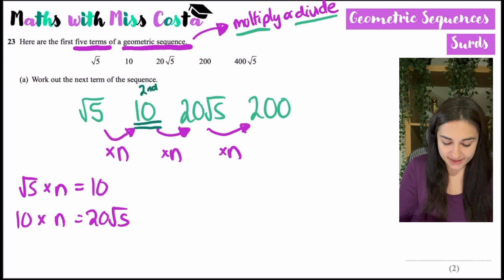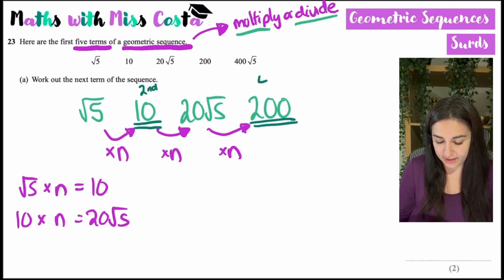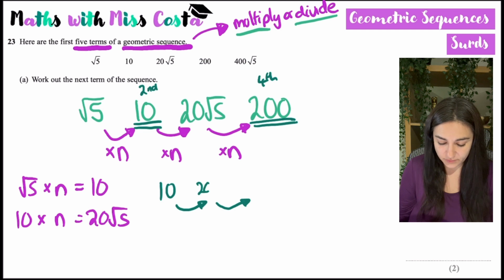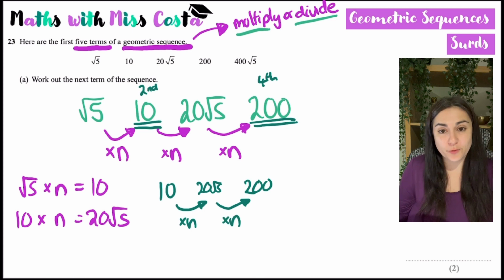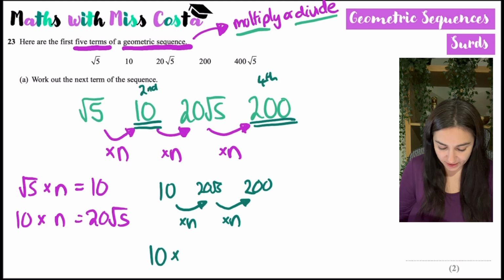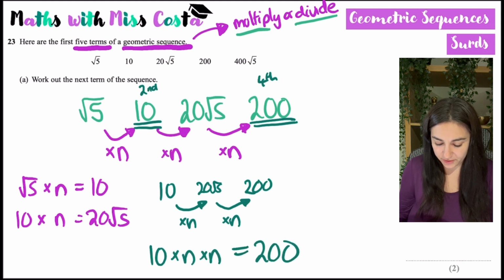I know that my second term is 10 and my fourth term is 200. So how do I get from 10 to 200? Well, I'd have to multiply by n and then multiply by n again. So I could form a little equation for myself.